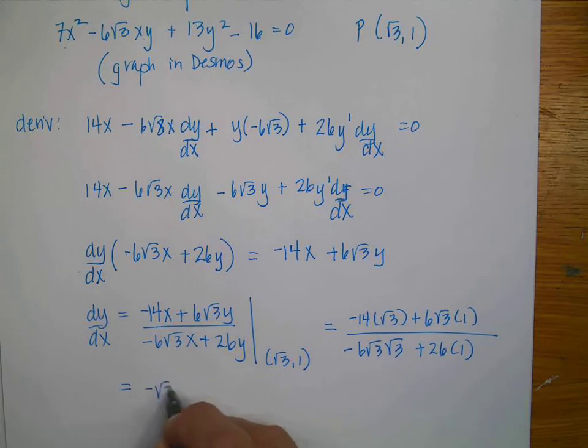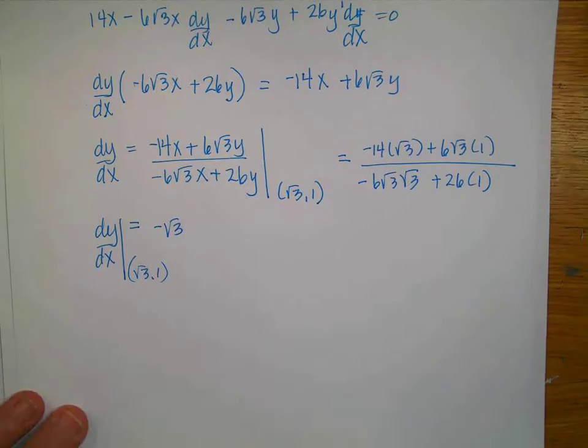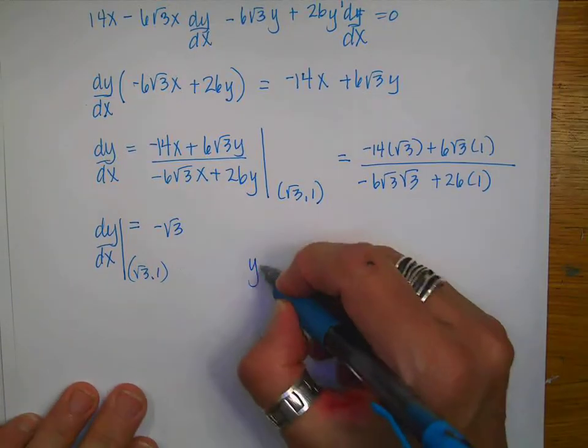When you do all that math, you get negative radical 3, and that is dy/dx evaluated at radical 3, 1. There is my slope, the slope of the tangent line.